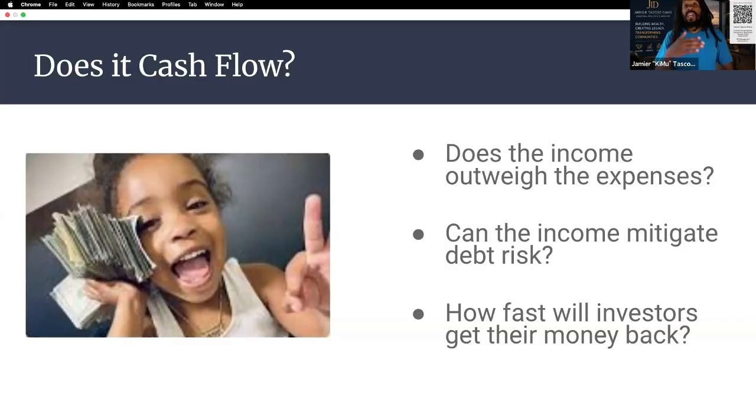If your income just matches the debt service and the expenses, then you most likely are going to have a lending problem, in which you probably won't be able to find a lender for that specific property.